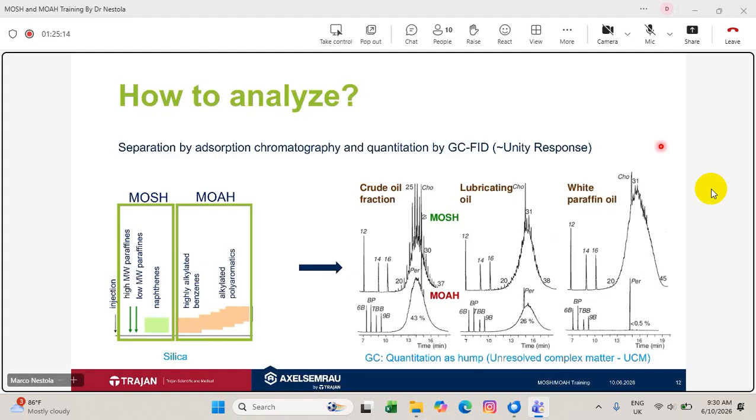You could discuss if you would save the money for the aluminum oxide cleanup. I will talk about that later, but basically the instrument setup is still the same. So we are not saving anything by not analyzing MOSH. We are not getting faster by not analyzing MOSH. So having this additional information is very valuable when it comes to interpretation of the data.